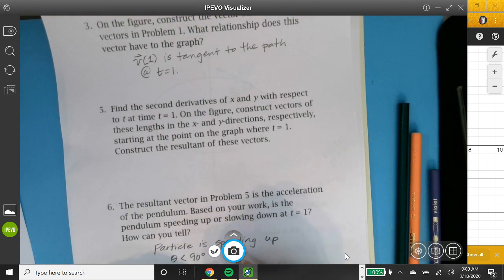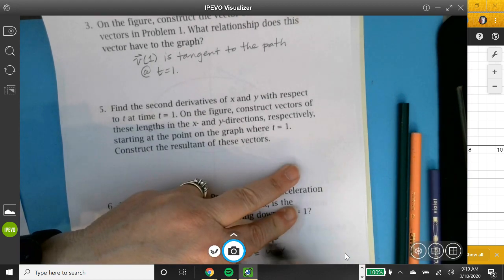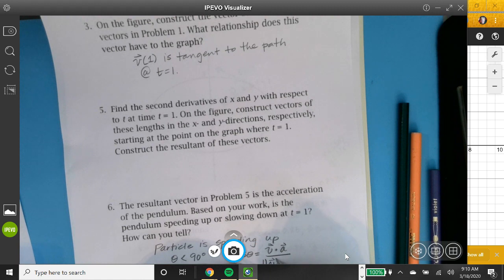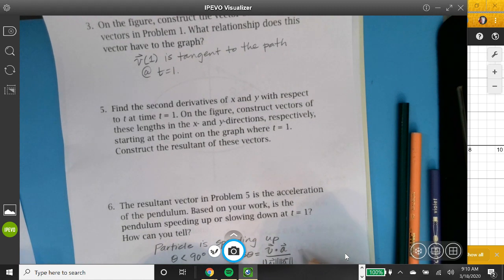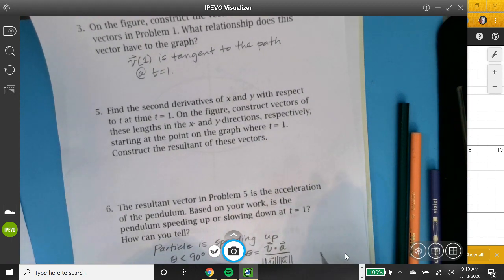And we could prove that by, how do we find the cosine of an angle between two vectors? We dot them together, right? And I'm going to write the velocity. So we would dot the velocity times the acceleration, and we would divide by their magnitudes. And if this is greater than 0, then it's an acute angle.